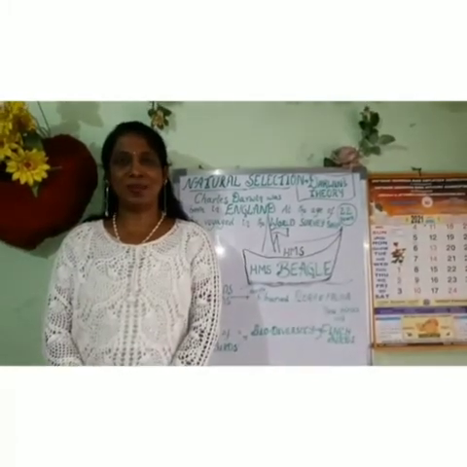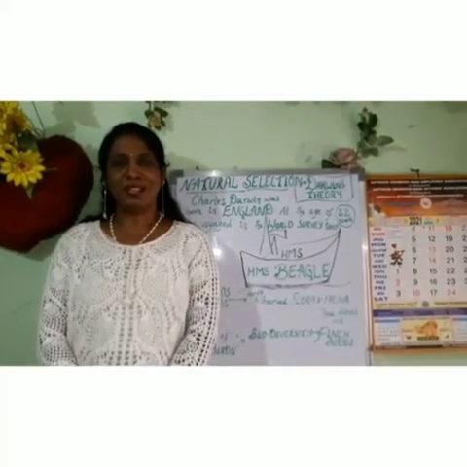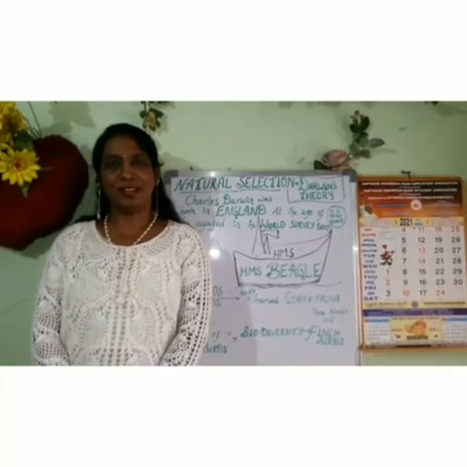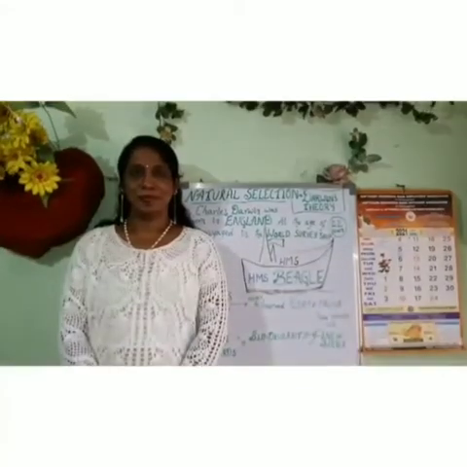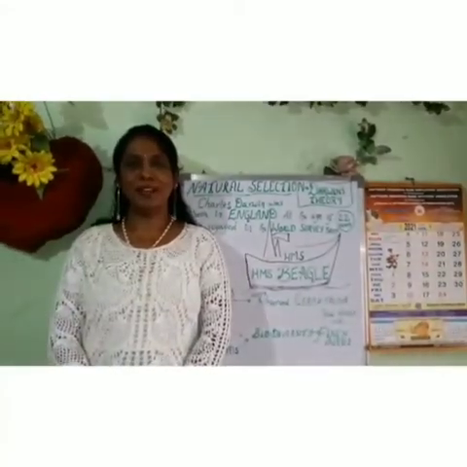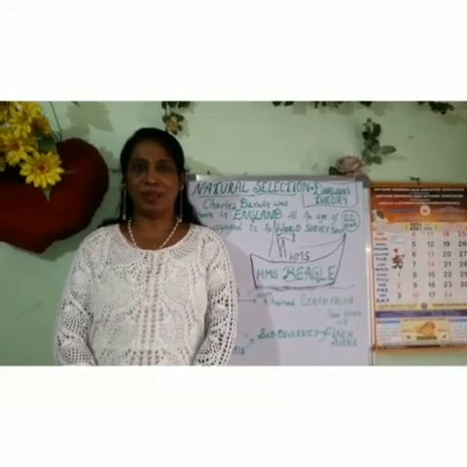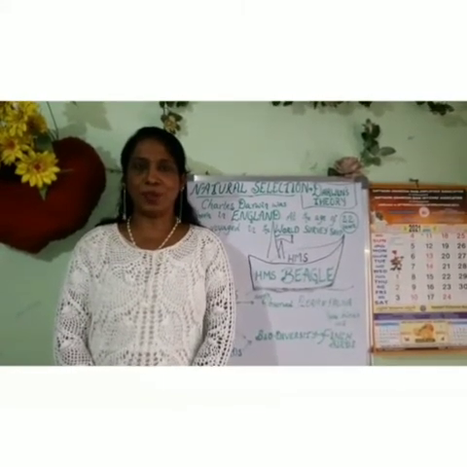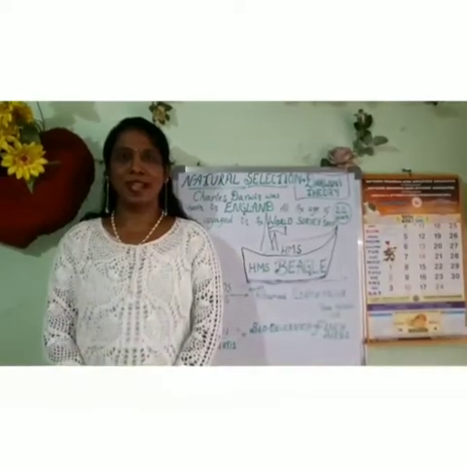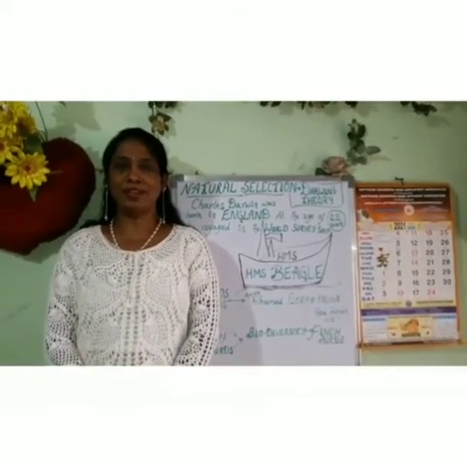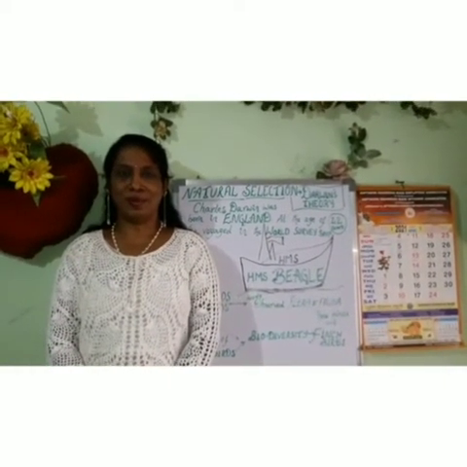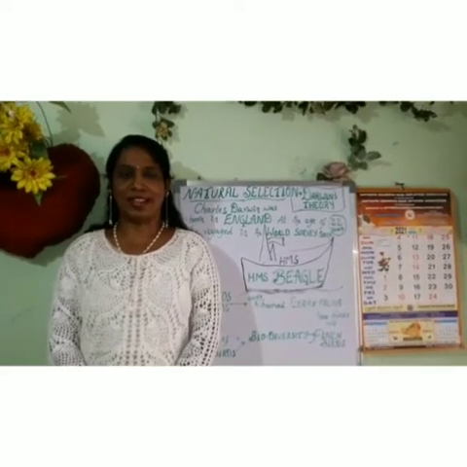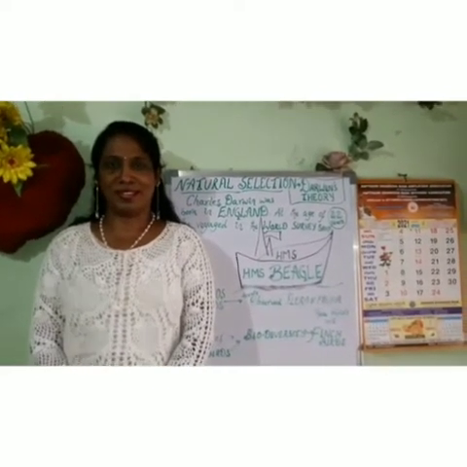The green beetles were not noticed by the crows, hence the green beetles survived in nature. The green beetles gradually increased in the environment because it favors them to grow well and reproduce. Hence the green beetle population increased in the environment, and this was an example of natural selection.